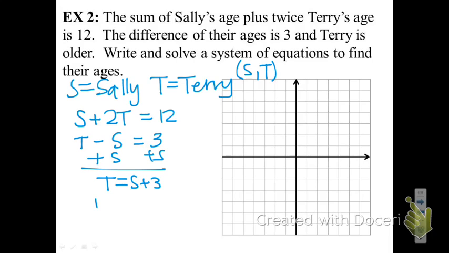From there, my slope is 1 over 1. My y-intercept is 3. I'll go graph this. Up 3, and then up 1 over 1, up 1 over 1, or down 1, back 1, to get this line.